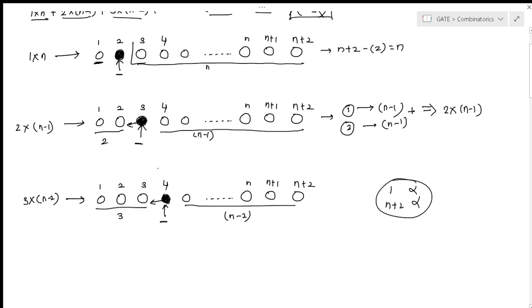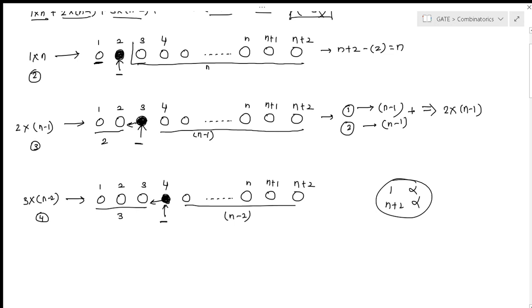So if you see carefully, here we took the 2 as a middle element, here we took the 3 as a middle element, and here we took the 4th as a middle element, and so forth. So here we are ensuring that there won't be any kind of overlapping in our counting, right? Because each and every time my middle element is different.